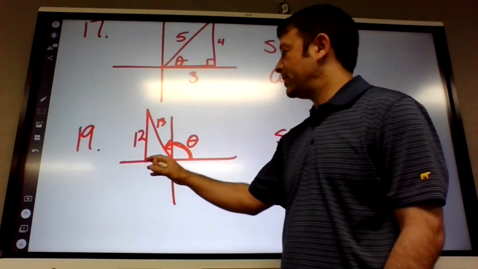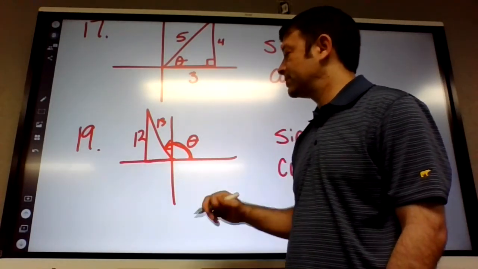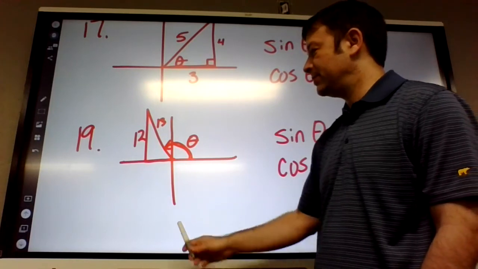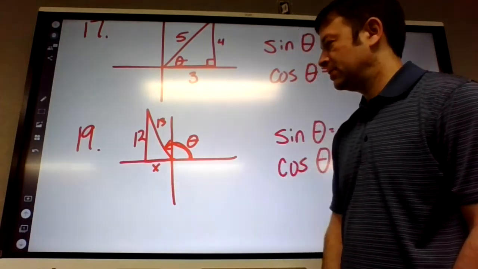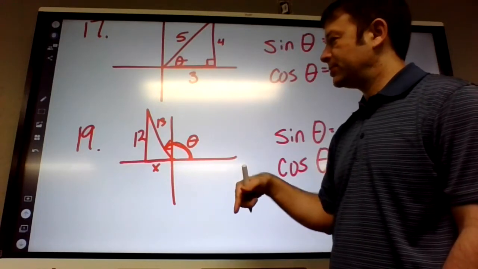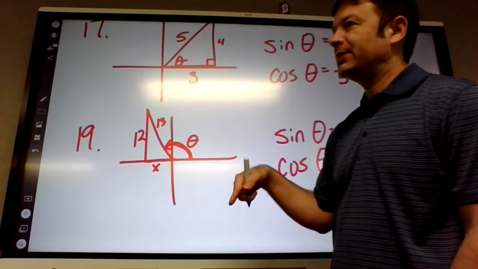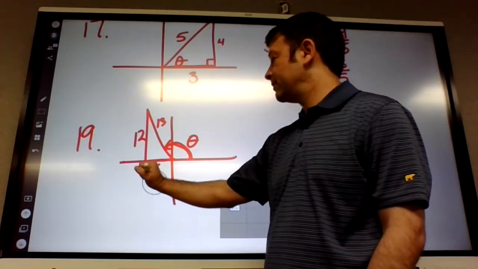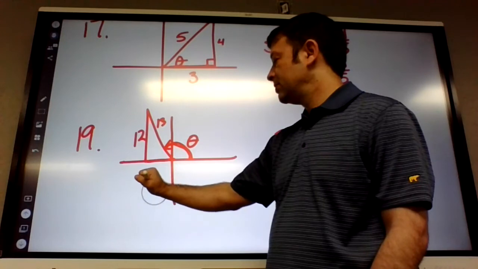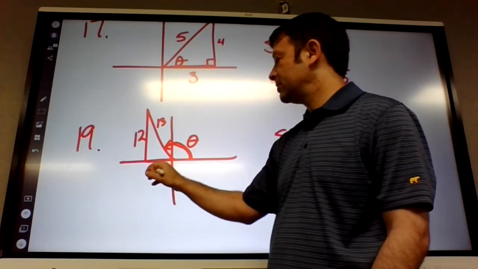So I'm probably gonna need this guy down here, right? Like how long is this? How could I find that? It's like the x coordinate basically. 13 squared minus 12 squared is 25. And the square root of 25 is 5.